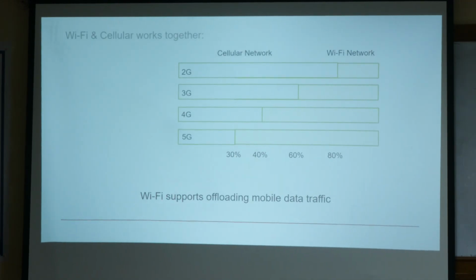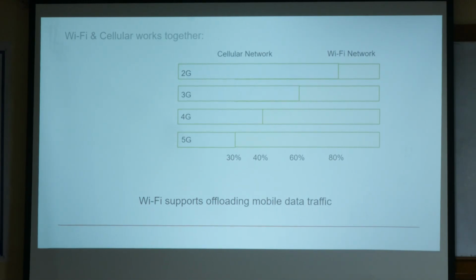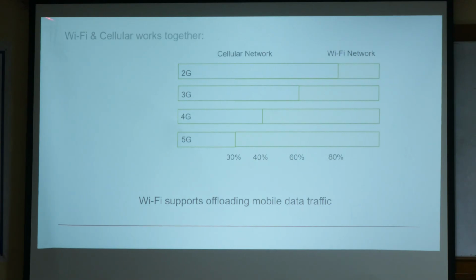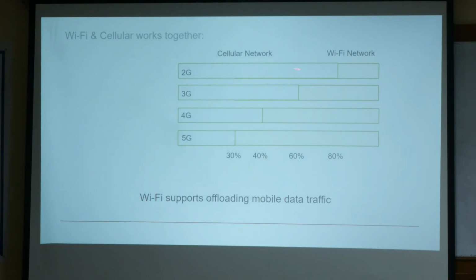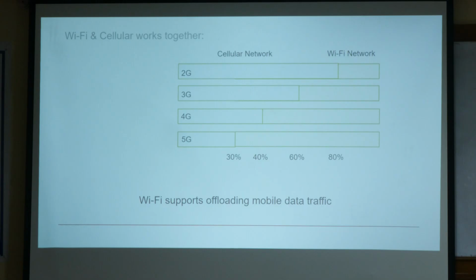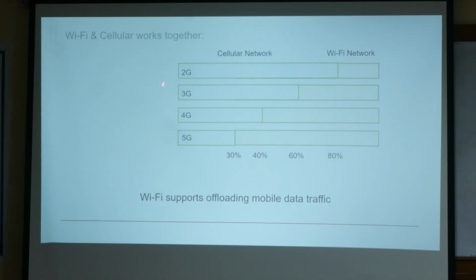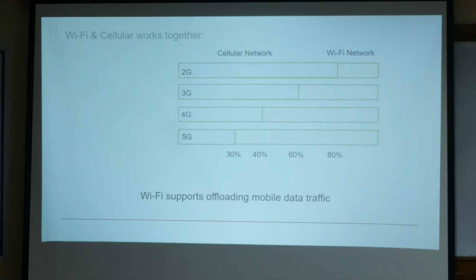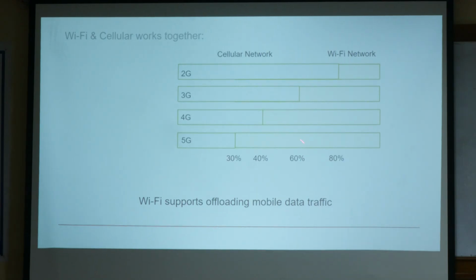Another important feature, if you try to see, nowadays the cellular networks are trying to use Wi-Fi support for data transfers, right? In 2G, this type of operation was limited to only 20%, and most of the mobile data was moved on the mobile network only.